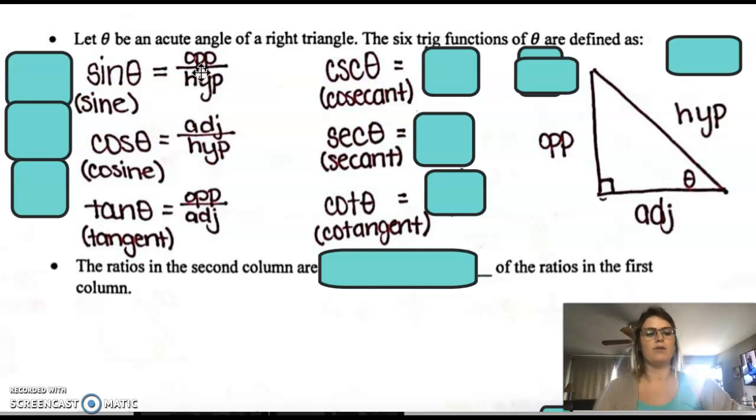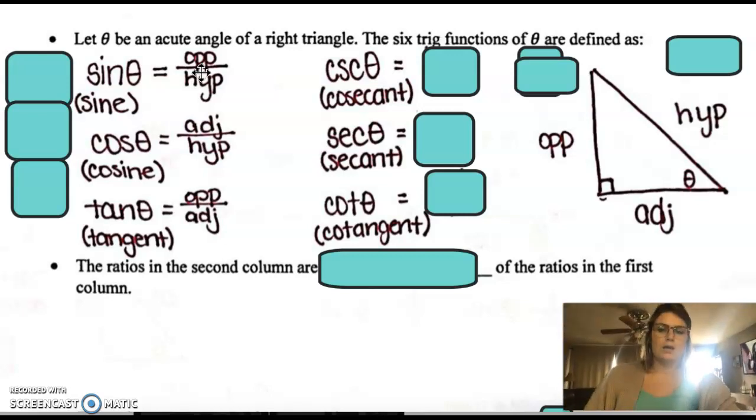I think some of you have heard that before, and some people even remember it as some old hippie caught another hippie tripping on acid. So SOH is sine is opposite over hypotenuse. CAH is cosine is adjacent over hypotenuse. And TOA is tangent is opposite over adjacent.